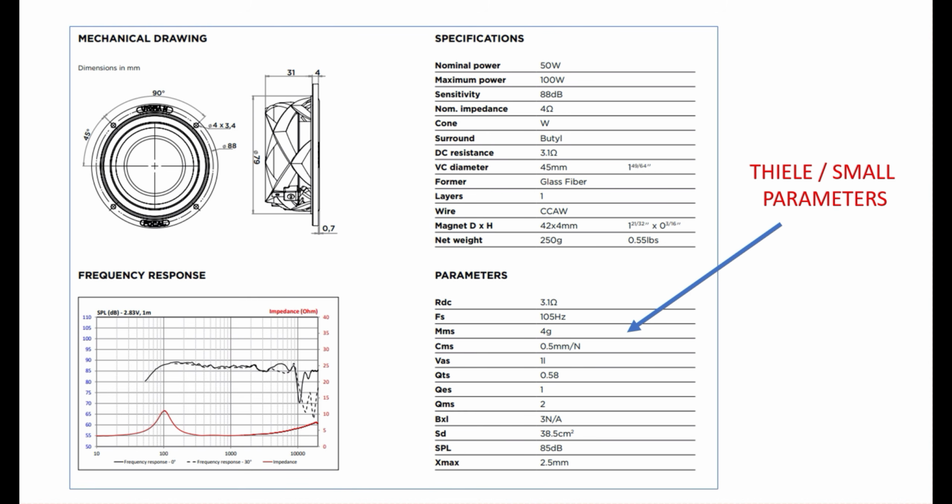Now, why are they called Thiele-Small parameters? Because there was a couple of Aussie researchers who go by the name of Thiele and Small, who did research on speaker box designs and stuff like that, and how to measure different speaker components, back in the 60s.